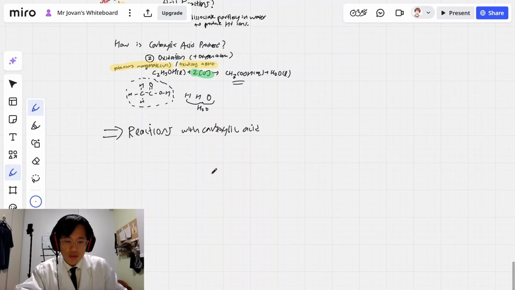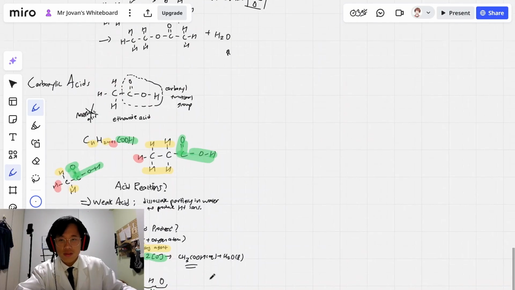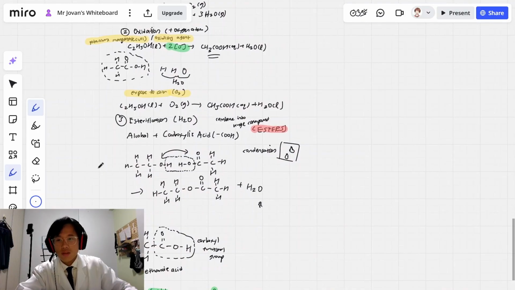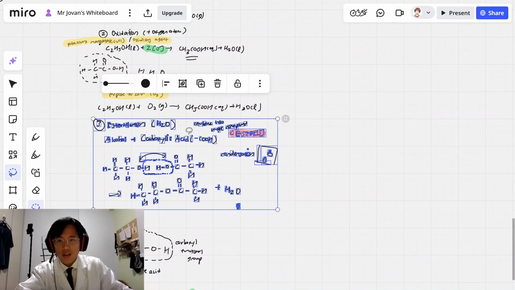We'll go through the reactions with acid. And there's also what we just learned, esterification. Let me copy down the esterification portion. I told you everything is linked already, so there's really nothing to be afraid of, because you realize everything is linked.